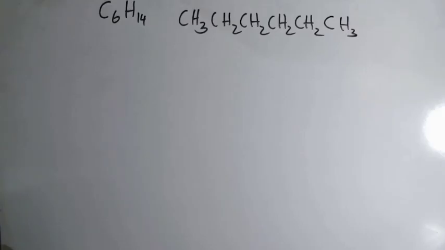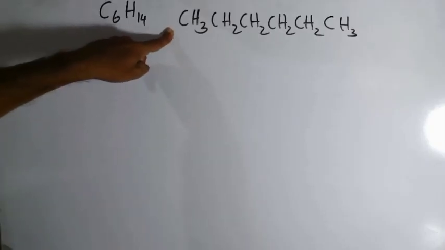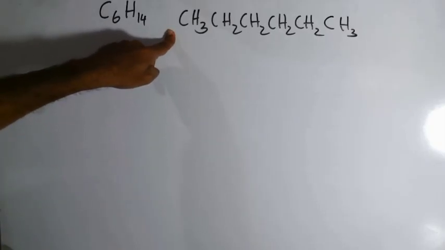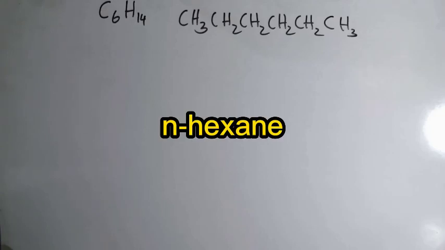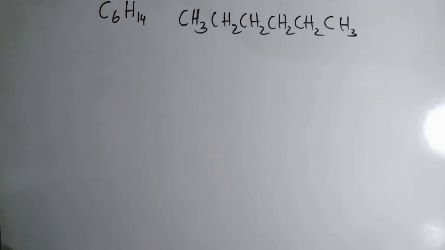Now let us move on to the next hydrocarbon, hexane. It has 6 carbon atoms and 14 hydrogen atoms. This is the most simple one, a straight simple chain. So we can name that as n-hexane. We will do that at the end. Again I am going to find the isomers for this hexane.